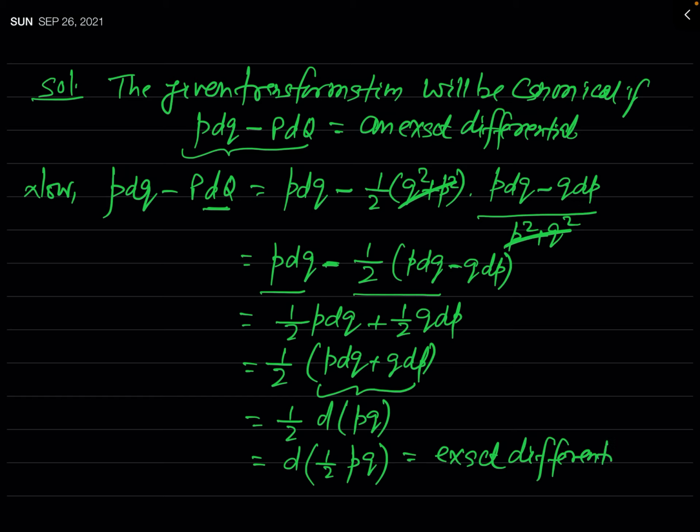So you can see that when we have evaluated this expression p dq minus P dQ, then our result is what? Our result is that this is an exact differential. But you have just seen in the theory part that if this expression is an exact differential, then the given transformation is canonical.